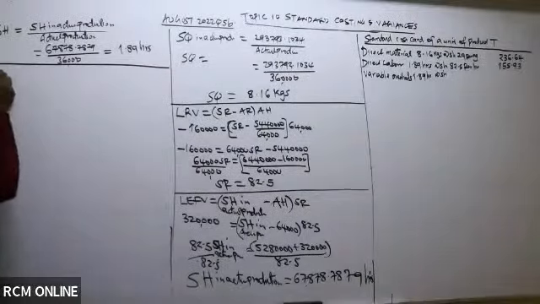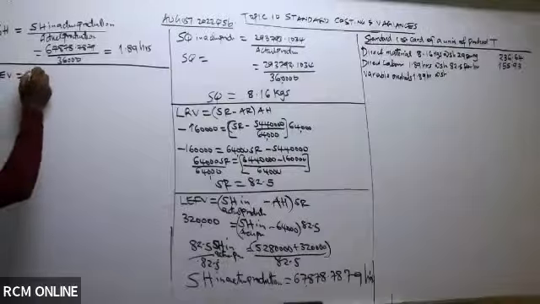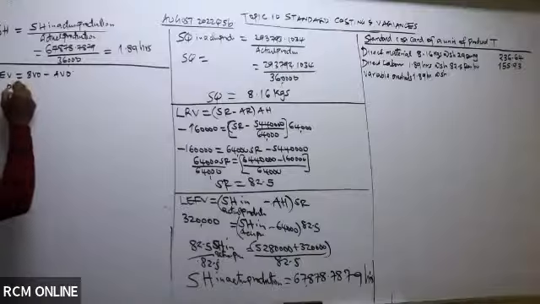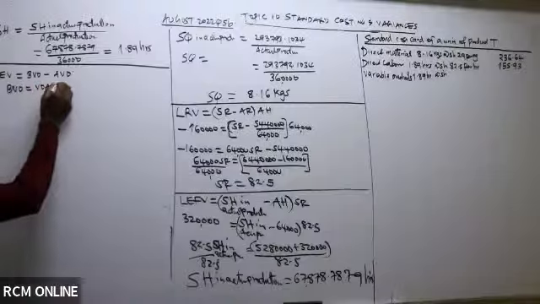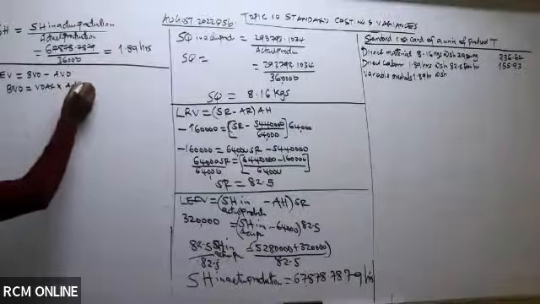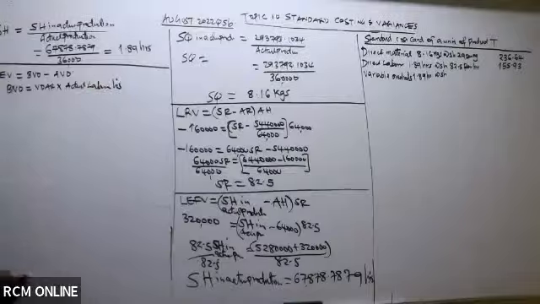So variable overhead expenditure variance is equal to budgeted variable overhead minus actual variable overhead. Budgeted variable overhead is equal to variable overhead absorption rate multiplied by actual labor hours, right?